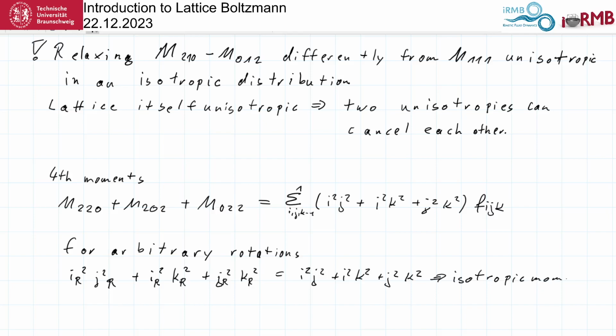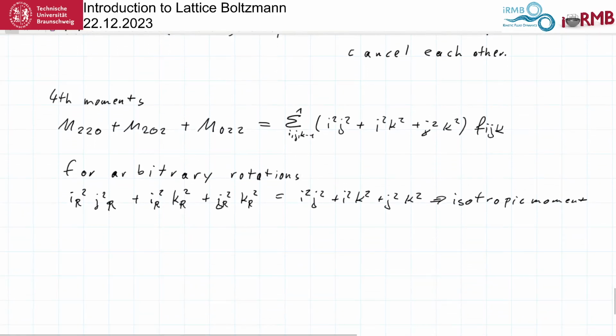So if this moment is isotropic, then there will be others that are not isotropic. So we'll take others out, like M220 minus M202, and we'll rotate this about the x-axis.